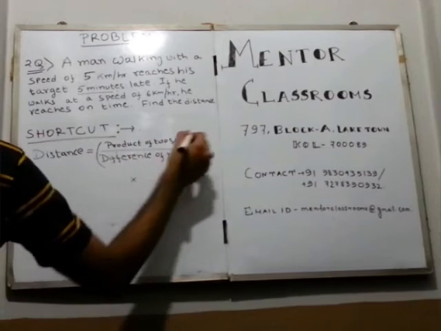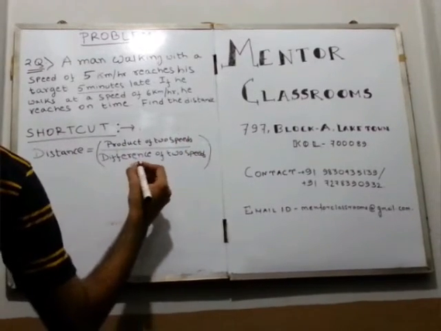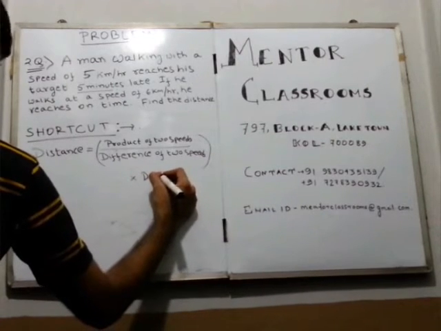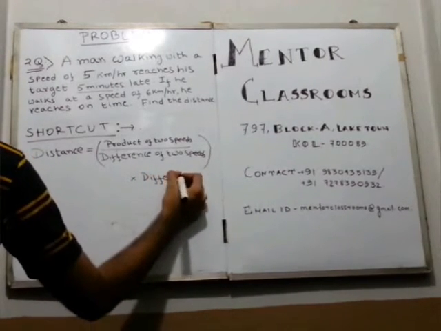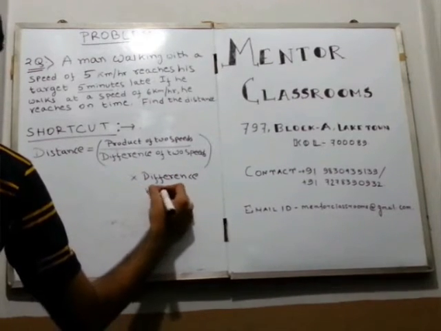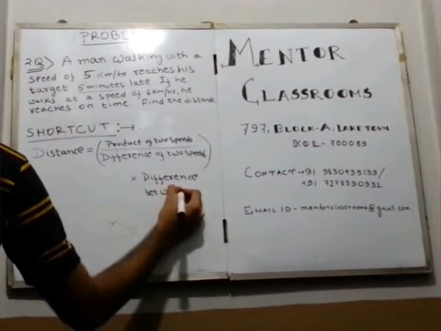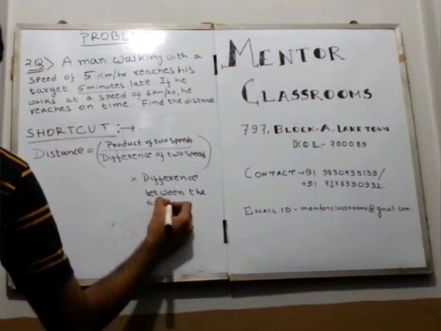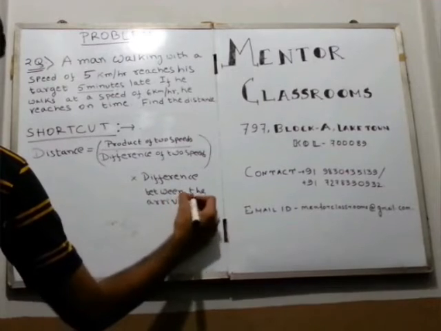multiplied by, means this whole multiplied by difference between the arrival time.